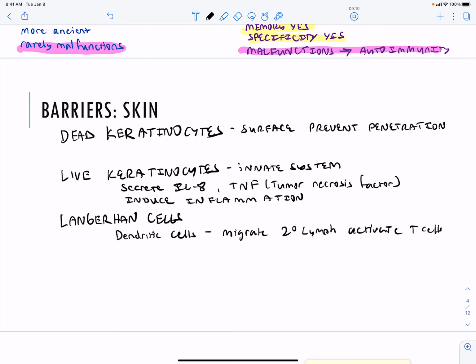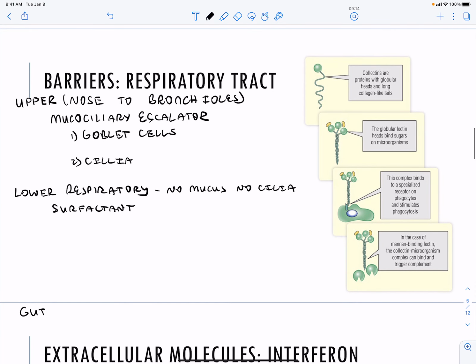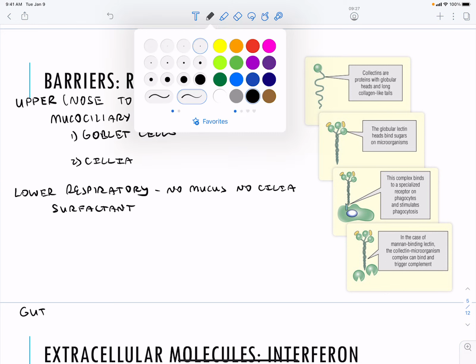Now there are barriers in the respiratory tract. We have an upper respiratory tract and a lower respiratory tract, and the upper is considered the nose to the bronchioles. In this area of your respiratory tract, it relies heavily on mucus, and mucus is going to be secreted by your goblet cells.